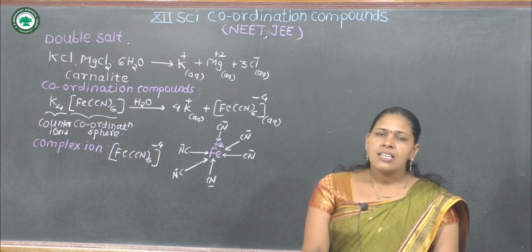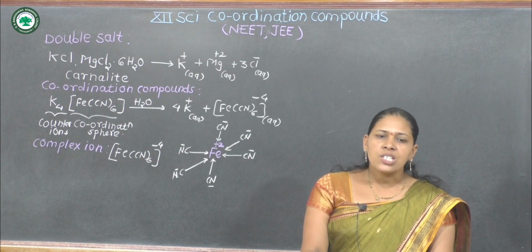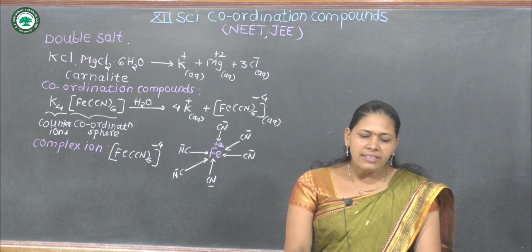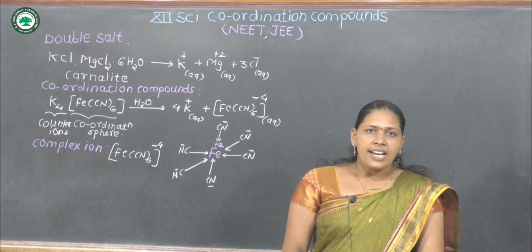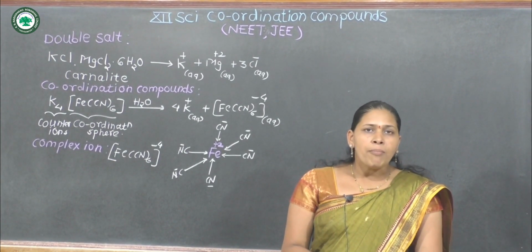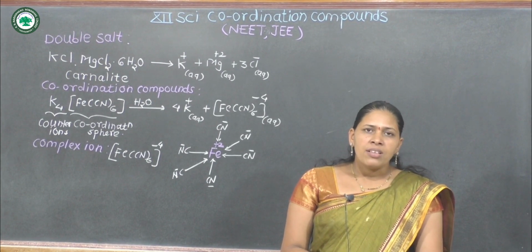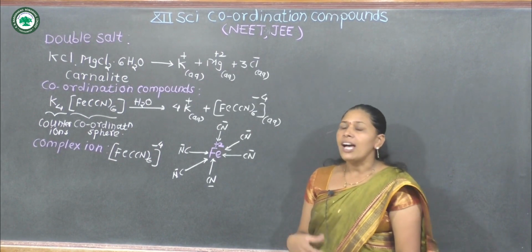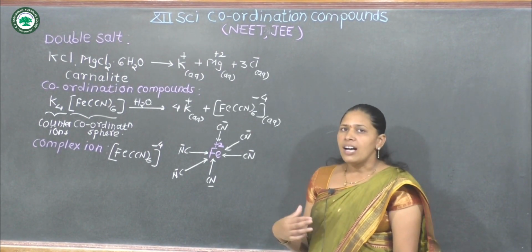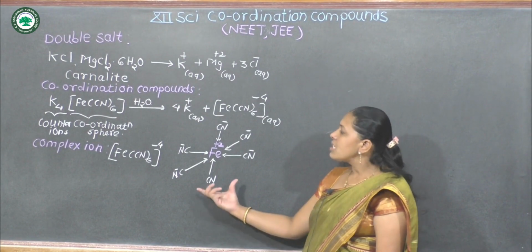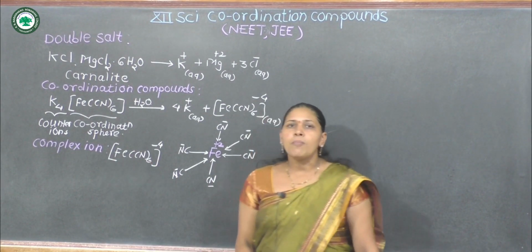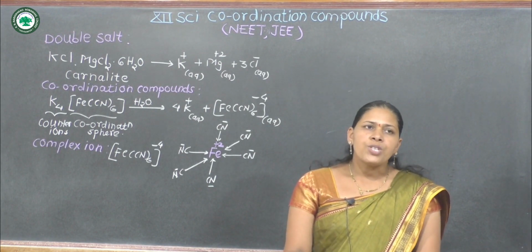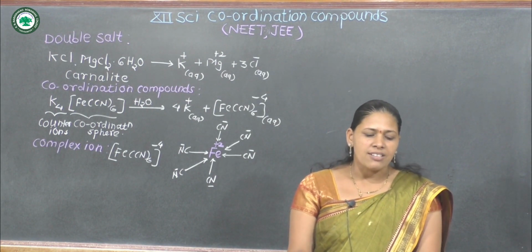In this case, the iron +2 cation is called the central ion. And what is the complex ion? An electrically charged radical which is formed by combination of a simple cation and one or more neutral ions or neutral molecules. This is called a complex ion, which has either positive charge or negative charge.